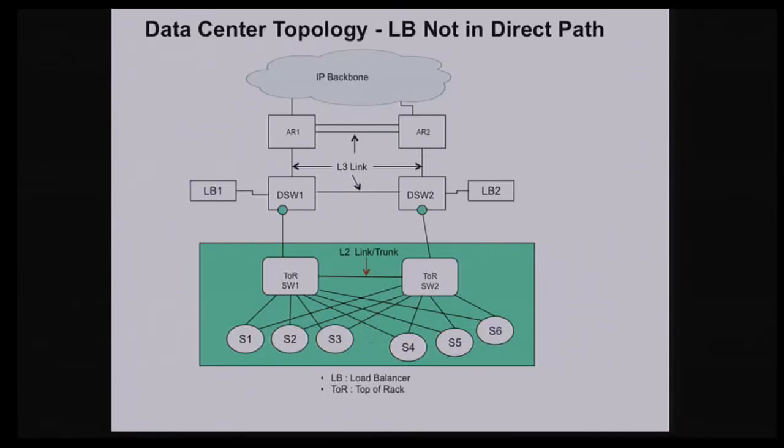The load balancer is not in the direct path between the client and the server farm. Instead, the traffic will go to the load balancer and then come hairpin back to your distribution switch, layer 3 distribution switch, such as a Nexus switch, and then come back into the server farm.